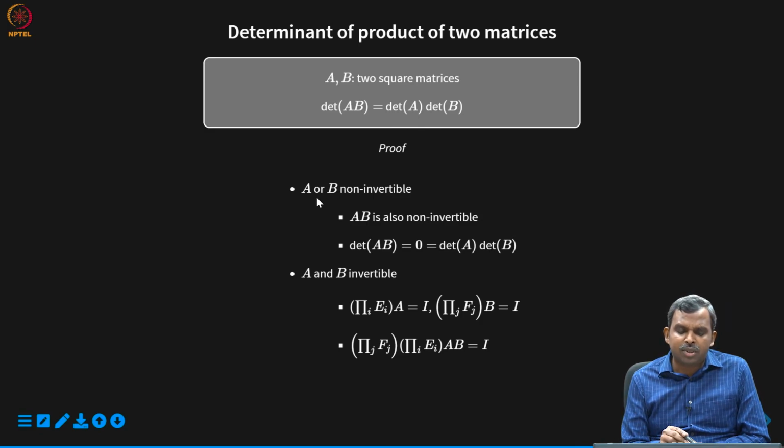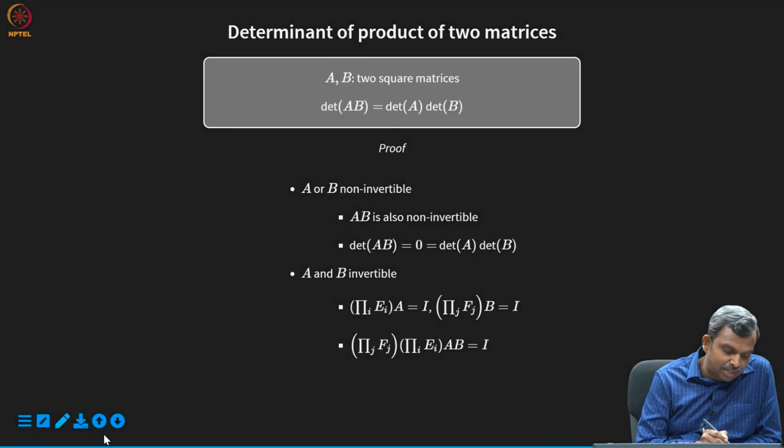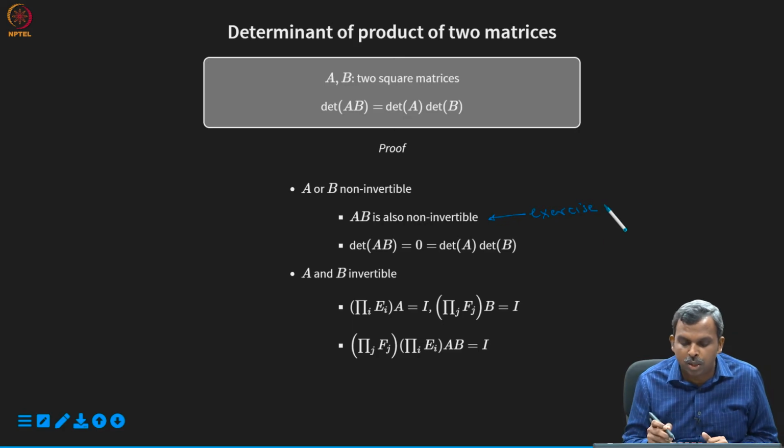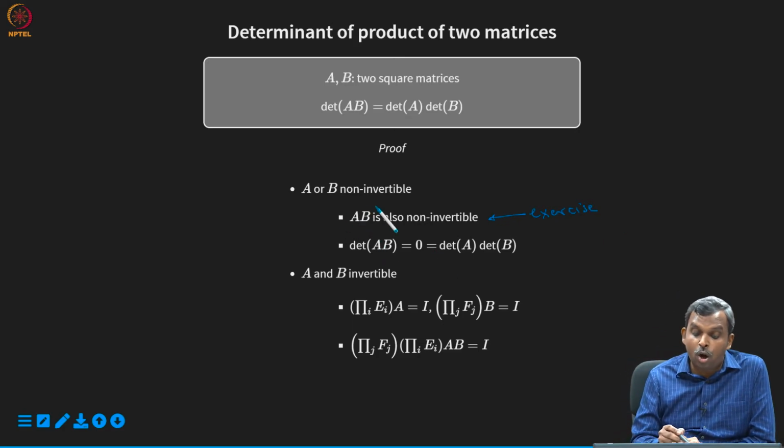The first case you take is when A and B are not invertible. If A and B are not invertible, it turns out AB is also not invertible. I will leave this as an exercise for you; it's quite easy to prove. If A or B is not invertible, AB will be non-invertible. You can use many methods.